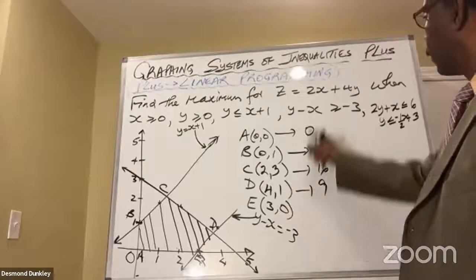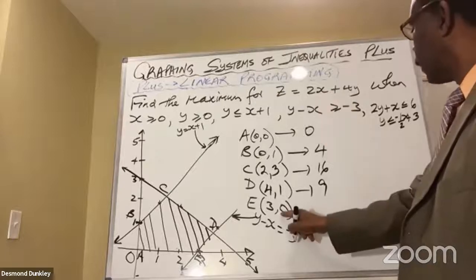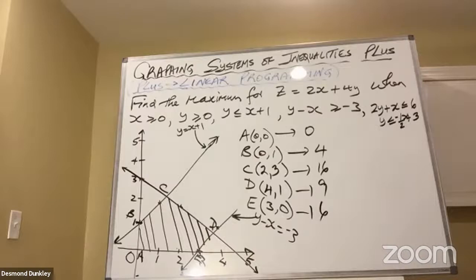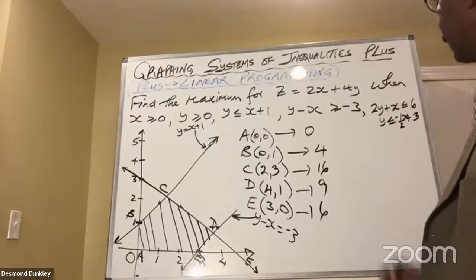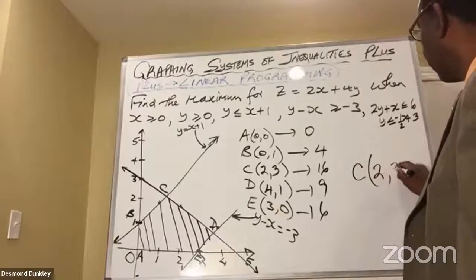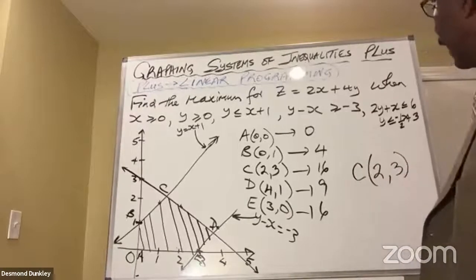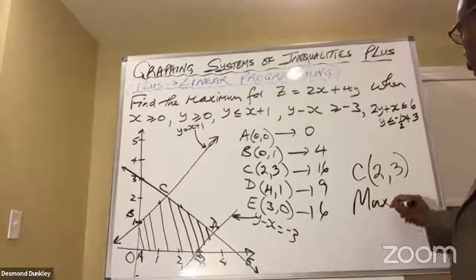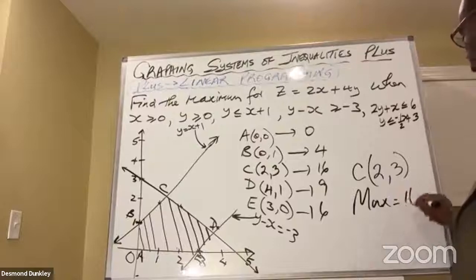For this one, 2 times 3 is 6, plus 0 is 6. So where is our maximum? Our maximum is at the point C that has x as 2, y as 3, and the maximum value equal to 16.